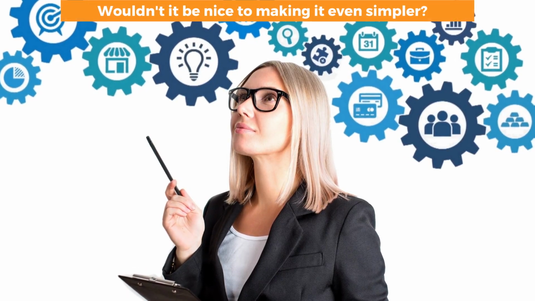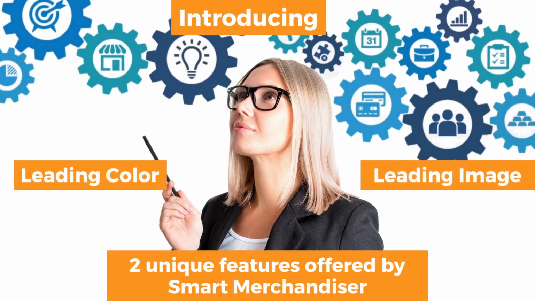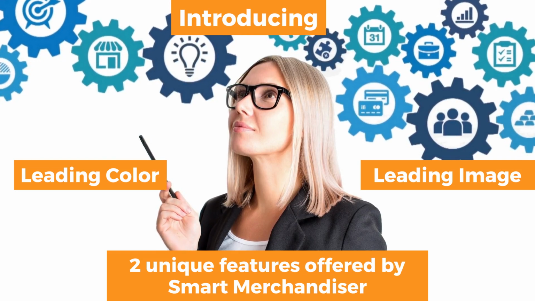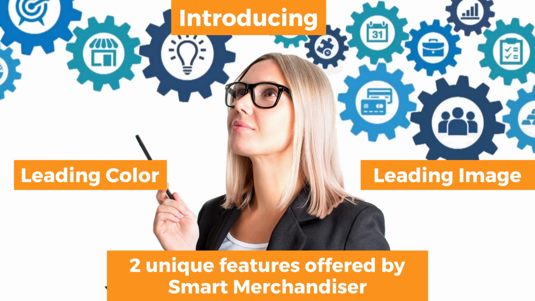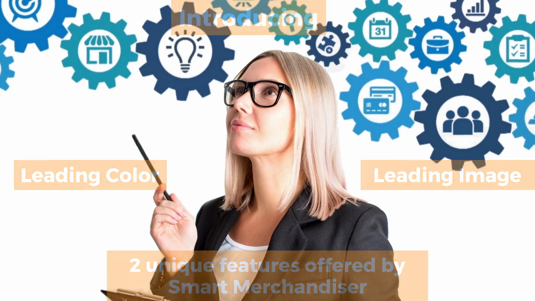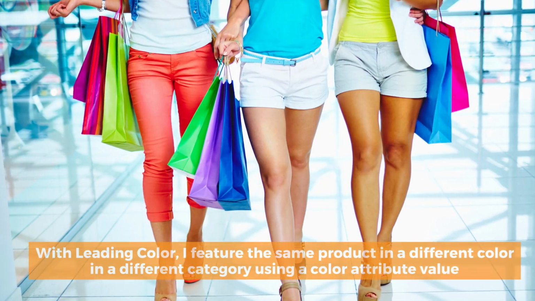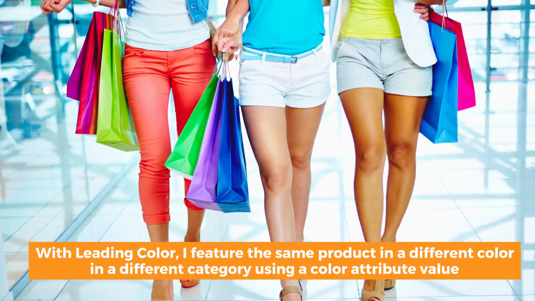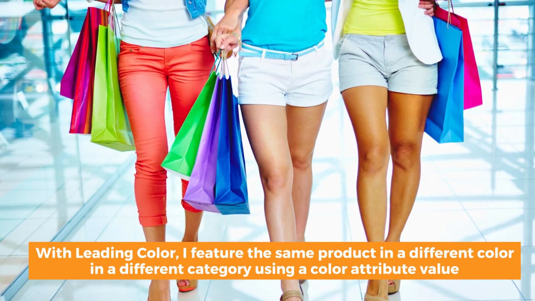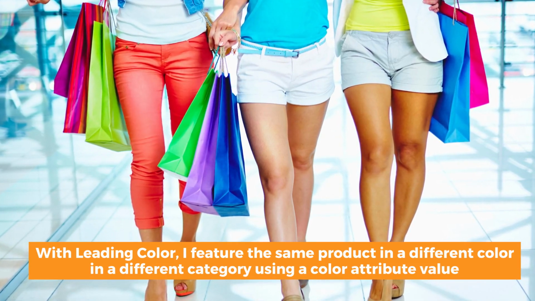Wouldn't it be nice to make it even simpler? Introducing leading color and leading image, two unique features offered by Smart Merchandiser. With leading color, I feature the same product in a different color in a different category using a color attribute value.